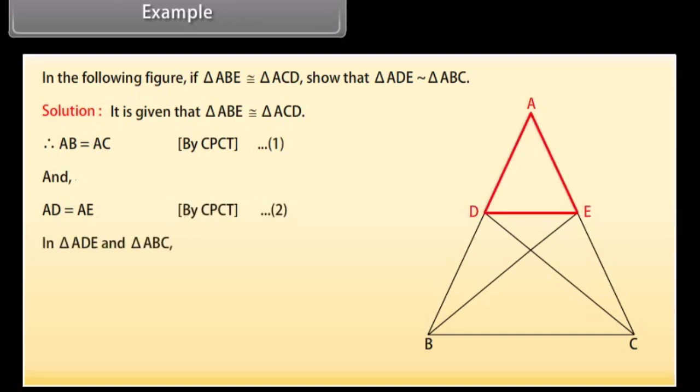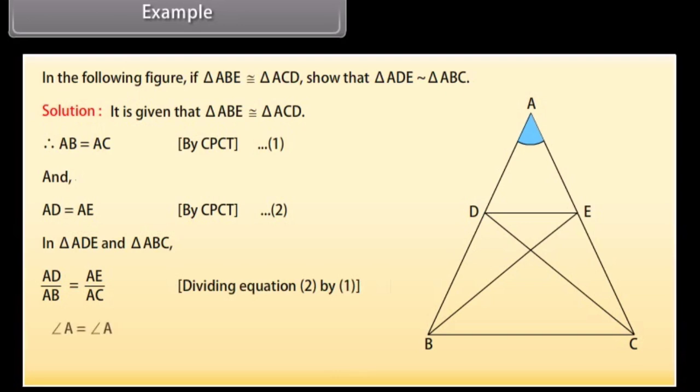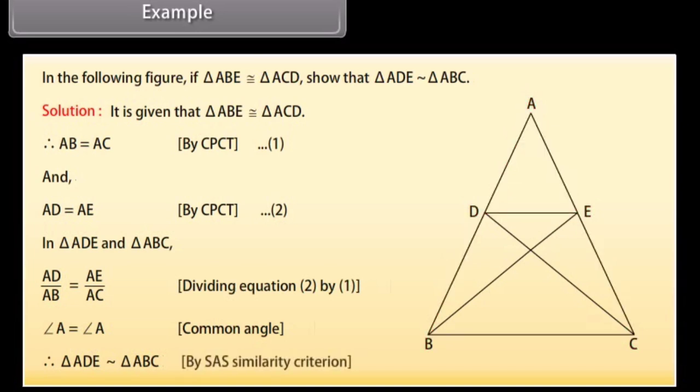In triangles ADE and ABC, AD upon AB equals AE upon AC, dividing equation 2 by 1. Angle A is equal to angle A, common angle. Therefore, triangle ADE is similar to triangle ABC by SAS similarity criterion.